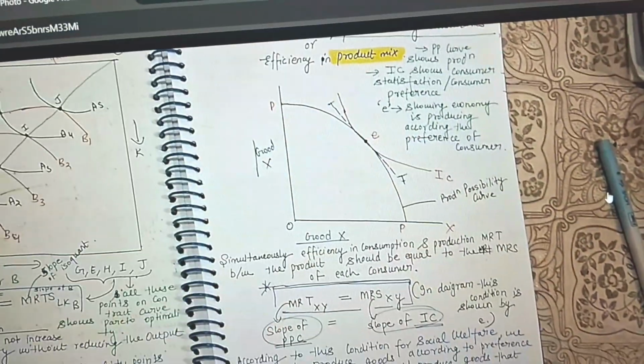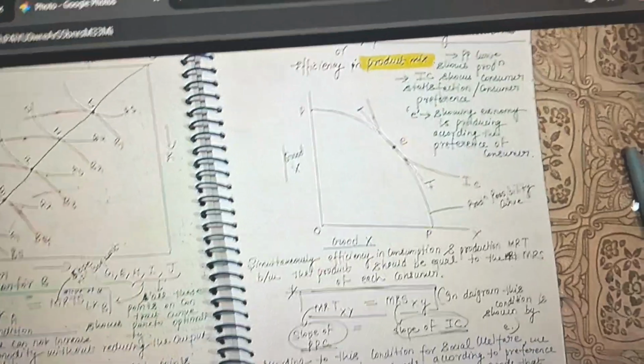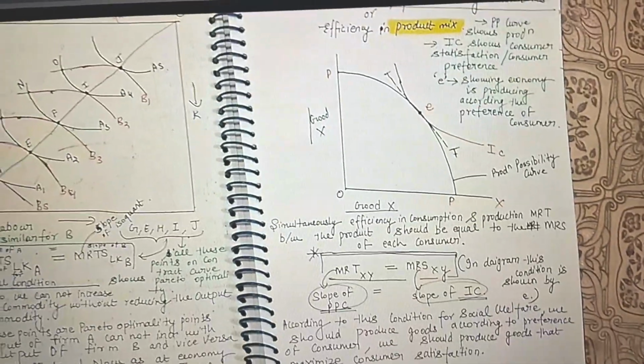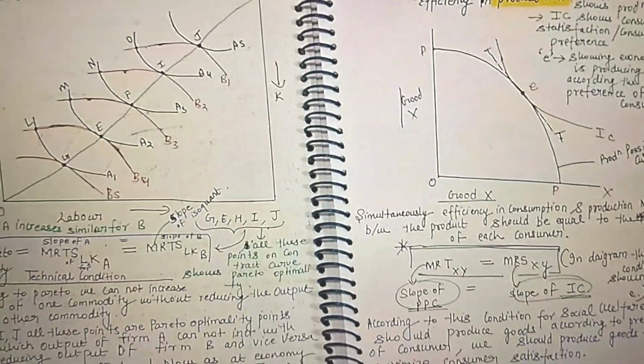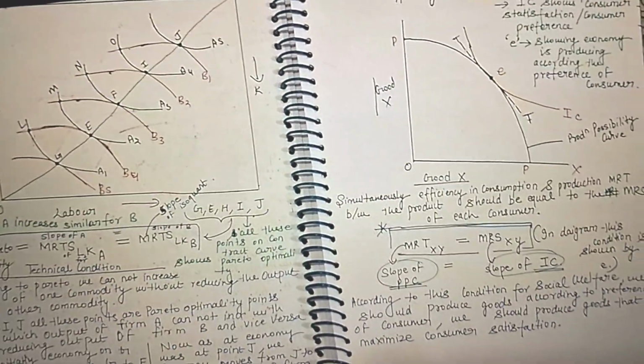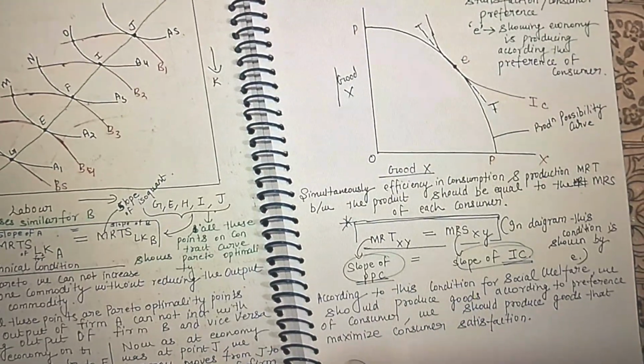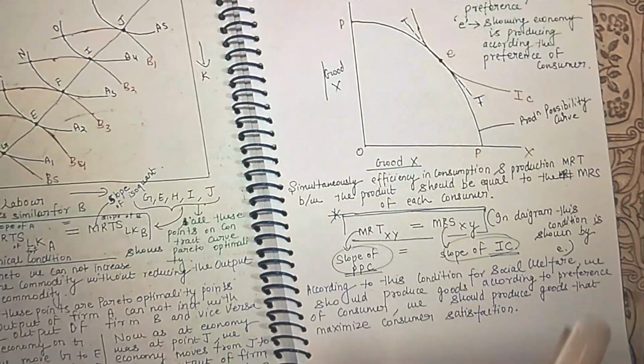So with the use of labor and capital, the two firms are producing only those commodities which the consumer prefers, which maximizes consumer satisfaction.